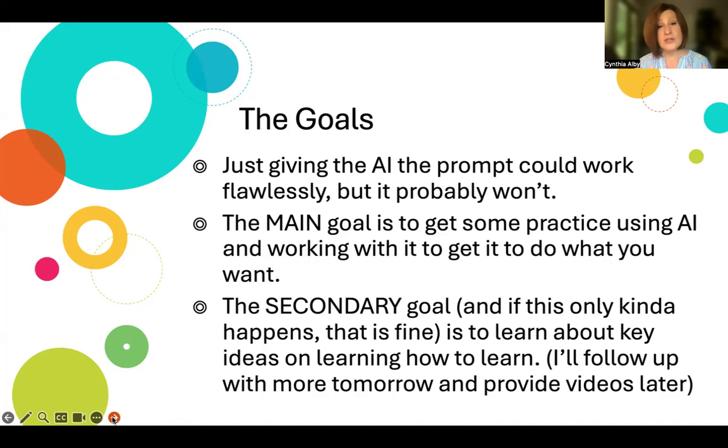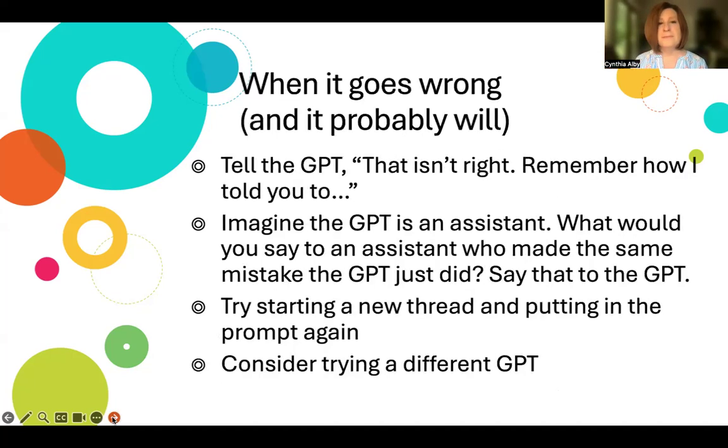I have another class that's working on videos that go with this topic, and I'll share some of those with you all if you want to use them with your students. So focus more on the idea of playing with AI and make it your secondary goal to actually learn. I do hope you learn, but if you don't learn a whole lot, that's okay.